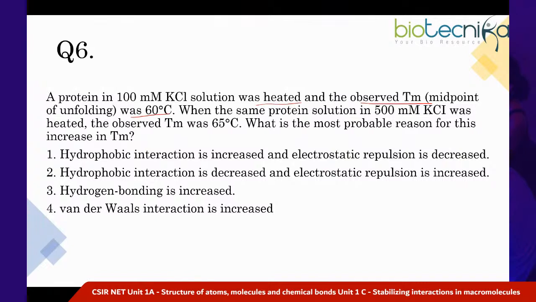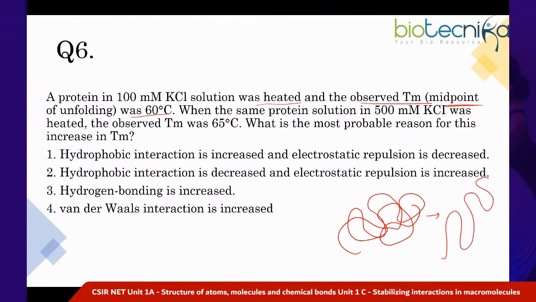So when we say a protein molecule which is folded, the melting point means the midpoint of the temperature which is required to unfold the protein. So if 100 degrees centigrade is required to unfold this, then the midpoint, 50 degrees, will be the Tm.